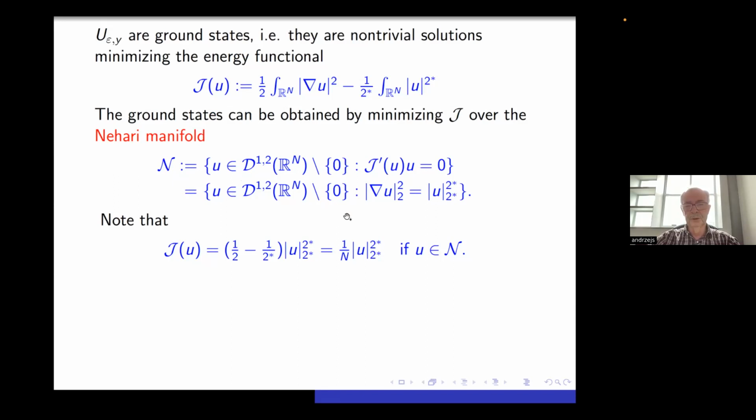A simple computation shows that J prime of u at u equal to 0 is exactly the same as this equality. Also, on N, one can simplify J of u. One can get rid of this term, and then J of u will be equal to this function.